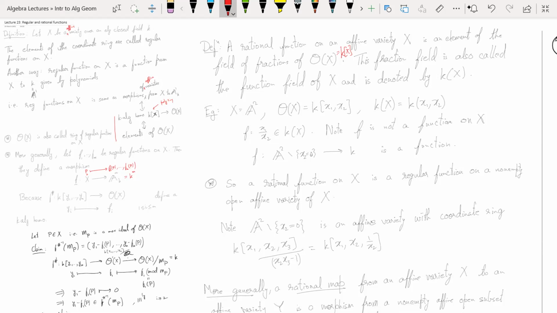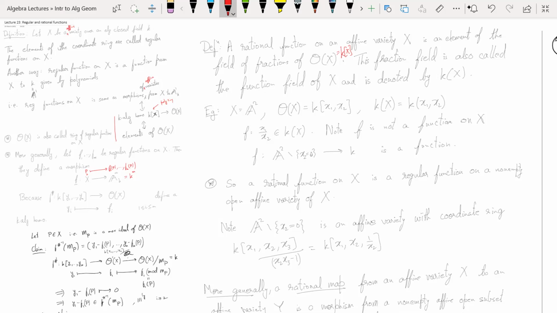So consider X to be the affine 2 space. Then the coordinate ring, we know, is the polynomial ring in 2 variables, x1 and x2, over the field K, and then the field of fractions, or the function field of X, is the fraction field, which is denoted by K round bracket x1 x2. So it's just the fraction field of the polynomial ring in 2 variables.